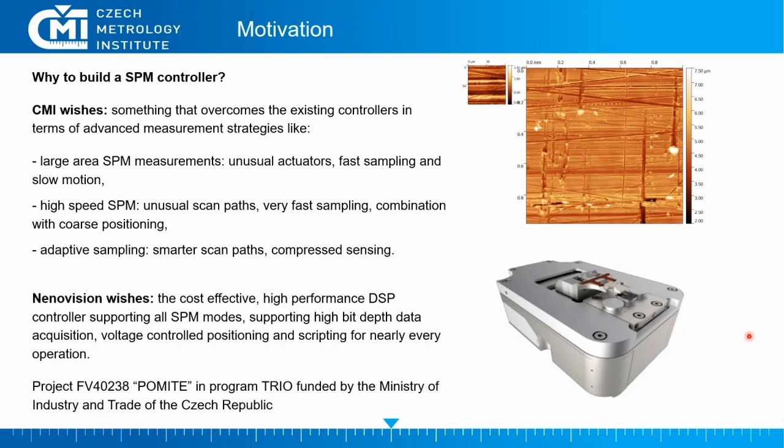So the CMI wishes were always to have something that will be universal enough to be able to be plugged in our instrumentation to perform large area SPM measurements, high-speed SPM measurements, to do the adaptive sampling, maybe to do some smarter scan paths using the compressed sensing methodology, and doing something that is beyond the raster scan that is used in nearly all the commercial instruments.